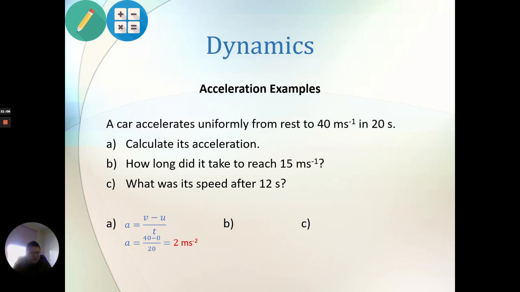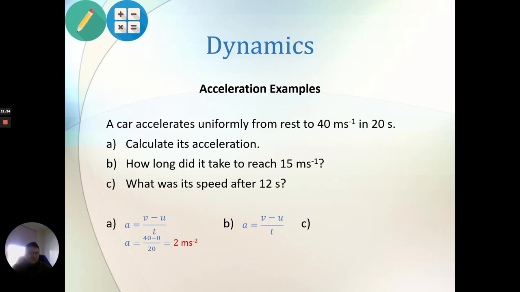Now for B, we're being asked how long it took to reach 15 meters per second. Now we have been told the acceleration is constant. That means the acceleration is the same the entire way from 0 until it's got to a speed of 40 meters per second. So we now know that the acceleration is 2 meters per second. So we're going to use A equals V minus U over T again.